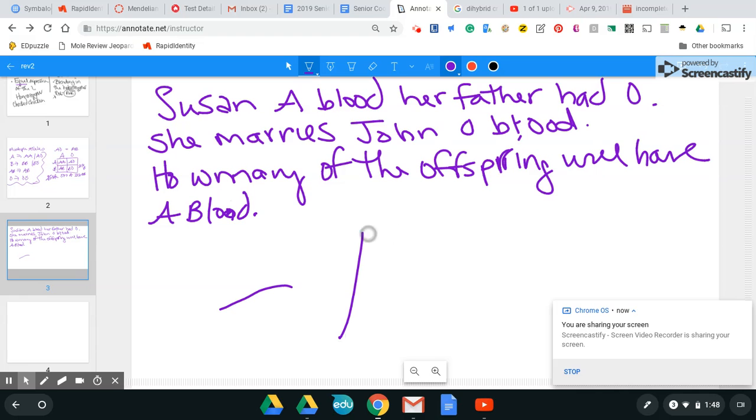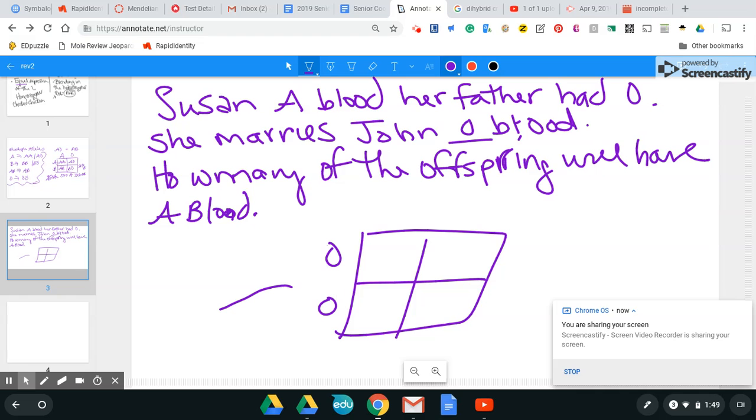All right. So first of all, one thing we know is John's blood type. John is O, so this is the only way to get O. What we don't know is Susan's blood type. It says that she's A. Well, is she AA or AO? Well, this is why you have this.